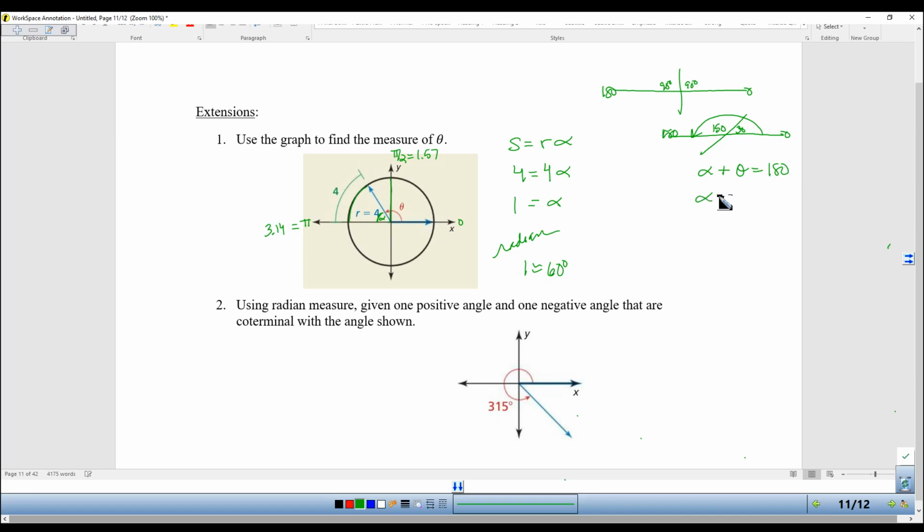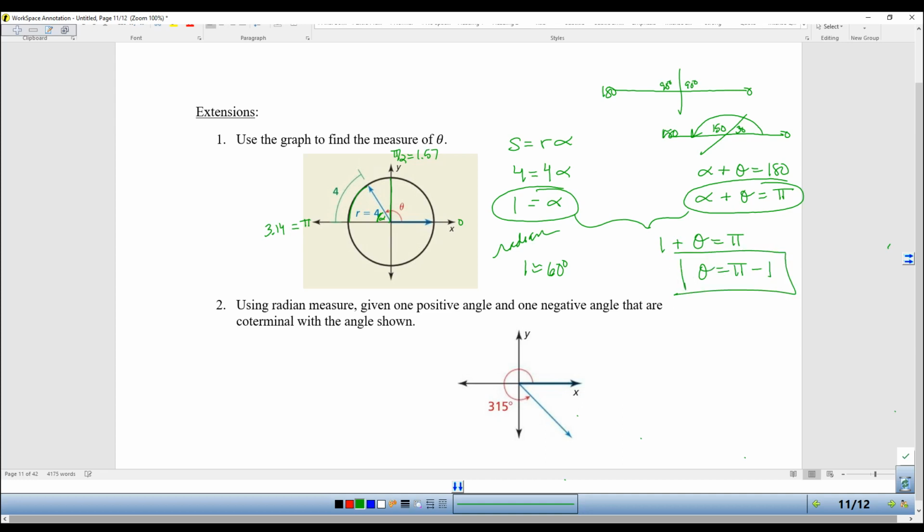Or in our case, because we're working in radian measure, alpha plus theta is equal to pi. So I learned that alpha is equal to 1, and I learned that alpha plus theta is equal to pi. So I put those two together, solve the system of equations, and I get 1 plus theta is equal to pi. So theta is equal to pi minus 1. Pretty tricky problem. So if you didn't quite get it, that's okay. It's already a hard lesson.